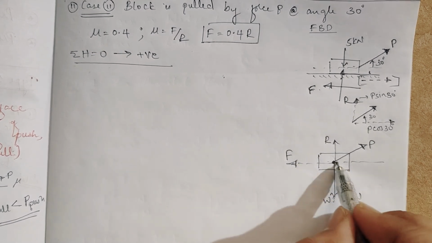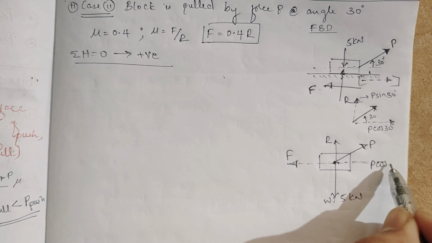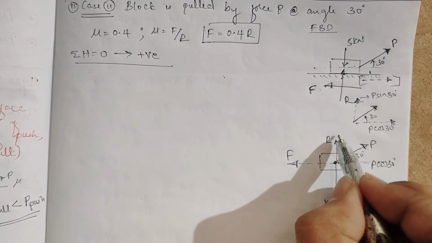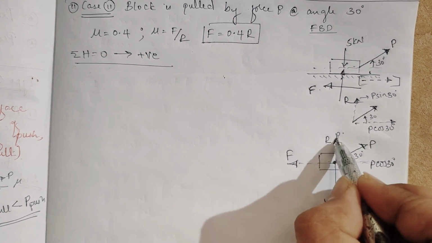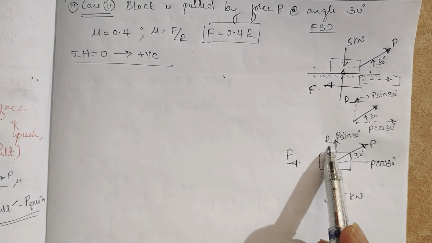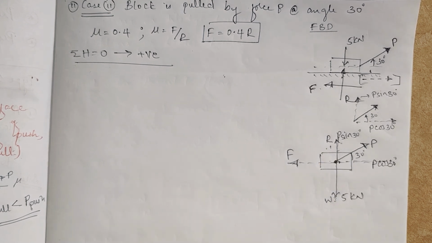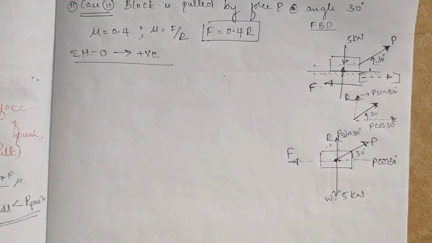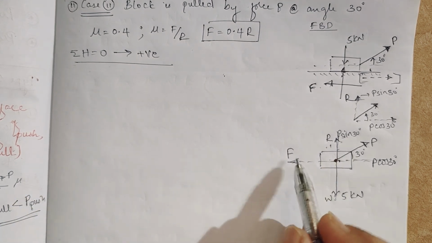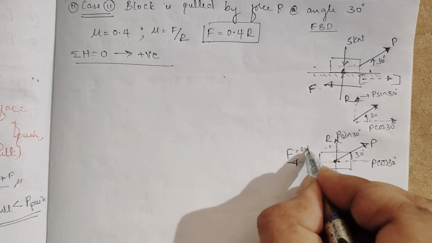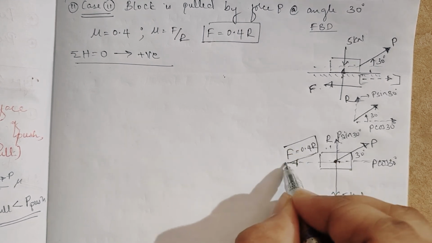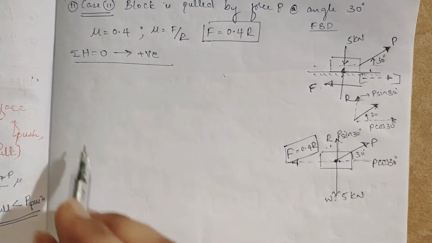This value will be P cos 30 degree, because this is inclined at 30 degree, and this value will be P sin 30 degree. So here there are two forces, R and P. Horizontal force is equal to 0. I'll take F as 0.4 R. F is negative sign, we have positive sign.